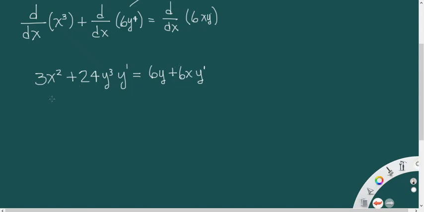So if we move this to the left, this becomes minus 6x y prime plus 24 y cubed times y prime equals 6y minus 3x squared. This is because we are moving these 3x squared to the right. So this is positive, it will become negative, and this is positive, and it will become negative.